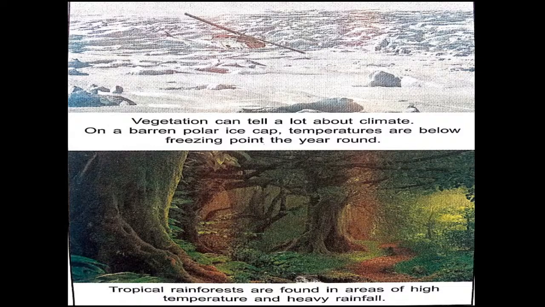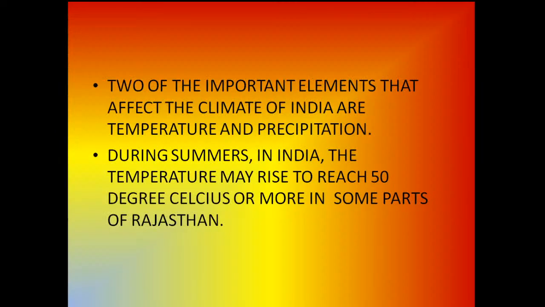On a barren polar ice cap, temperatures are below freezing point the year round. And children, tropical rainforests are found in areas of high temperatures and heavy rainfall.